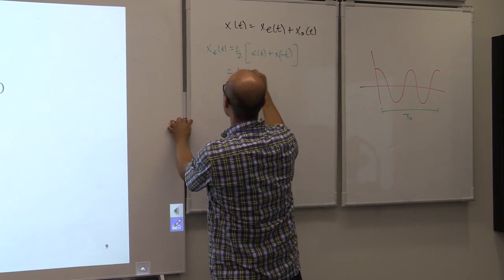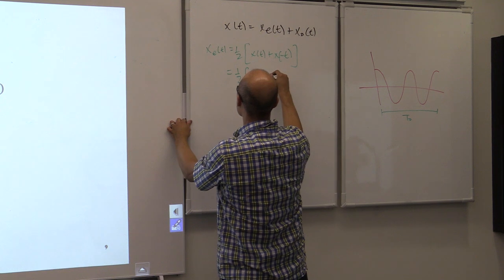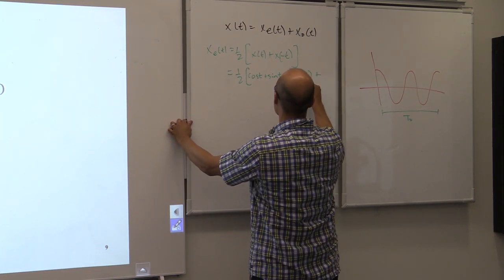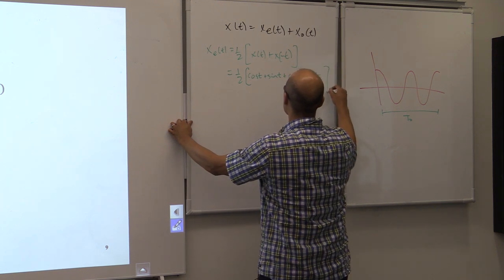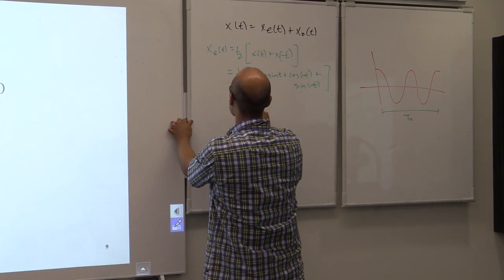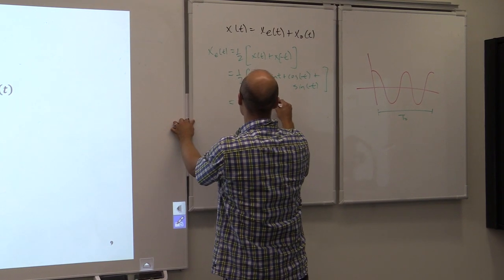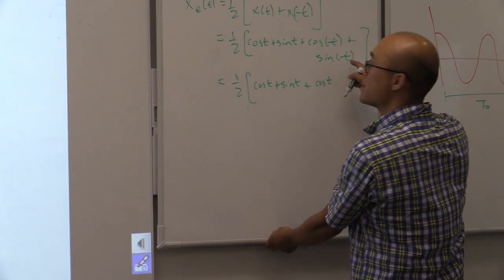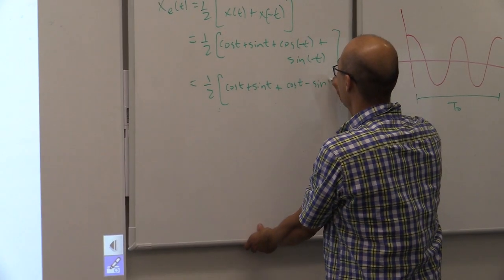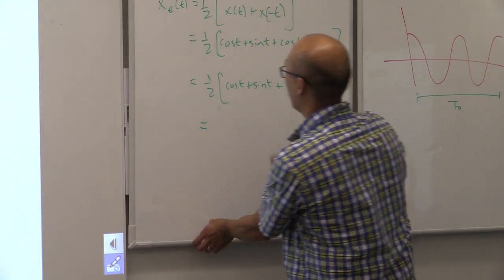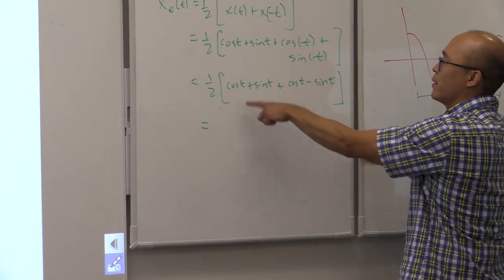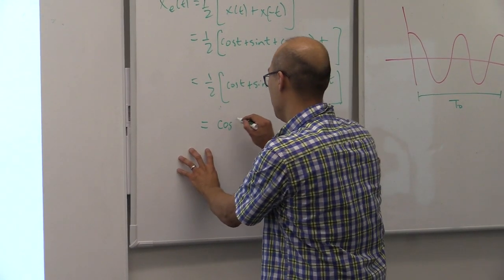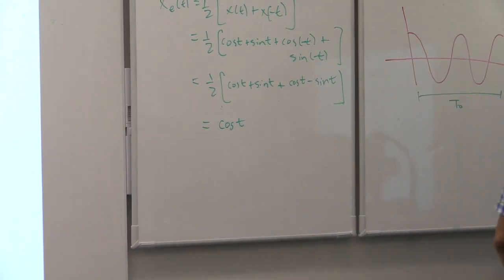In this case, we have a half cosine t plus sine t plus cosine of minus t plus sine of minus t. Cosine of minus t is cosine t. Sine of minus t is minus sine t. So the sine t terms knock out. I'll have 2 cosine t, a half of that. So I'm left with x e of t is cosine of t.